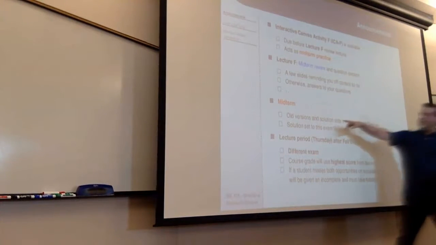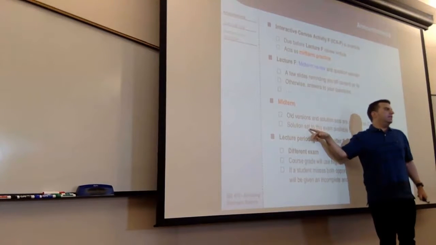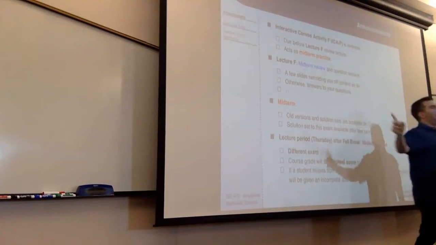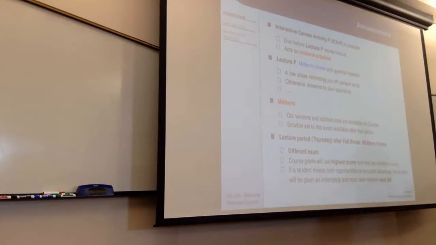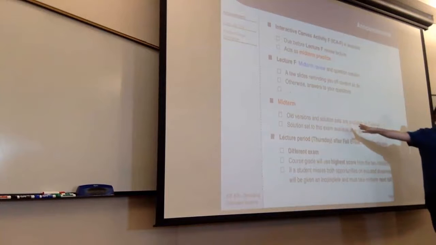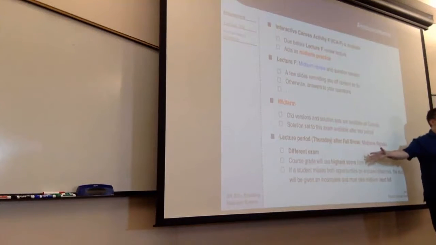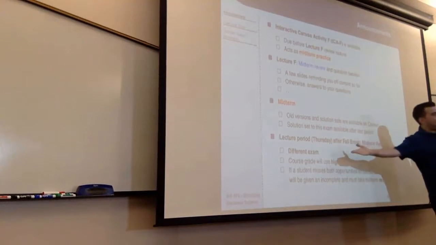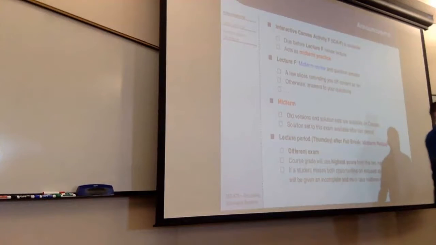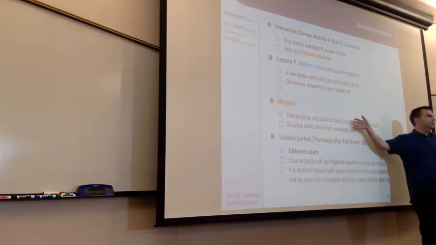The goal is for me to at least have the solution set almost immediately available for you for the midterm. I can't guarantee that the Scantron will come back with your grades, but it should by then. So you should pretty much know your grades by fall break. That's my hope, but it depends on the backlog in Scantron. If you decide that you don't want to take the midterm retake, you'll get a 0 on it, but then Canvas will automatically replace it with the first exam score.